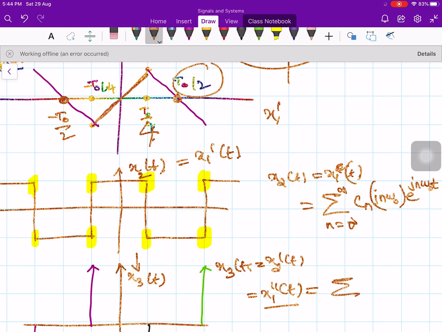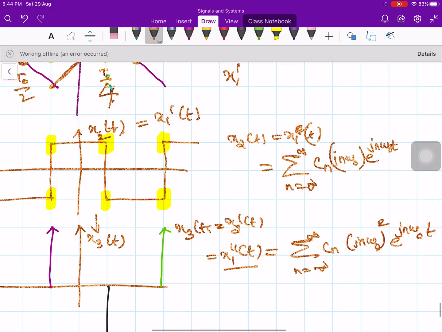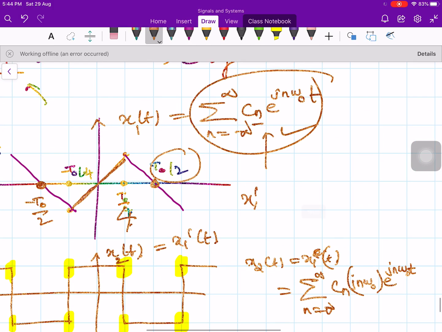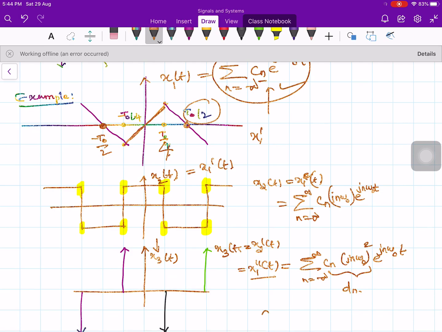So sigma n is equal to minus infinity to plus infinity Cn times jn omega naught squared times e to the jn omega naught t. Right? So let me call this whole thing Dn. Now what is the relation between Cn and Dn? Now Dn is equal to Cn times jn omega naught squared.